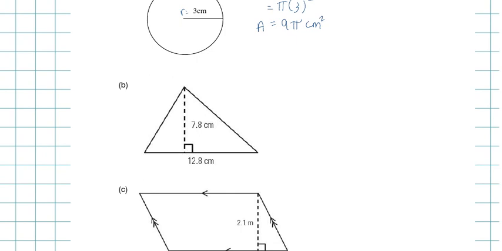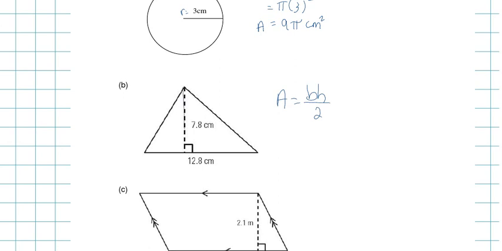So for the second shape, I have a triangle. And for the triangle, the formula is the area is equal to BH over 2. Okay? So the formula says base times height divided by 2. Your height is a perpendicular line that's coming from one of the vertex to your base.